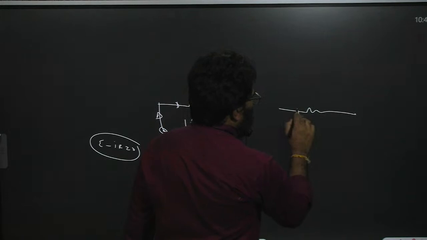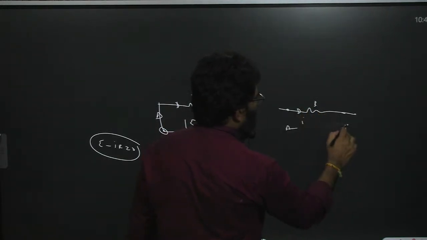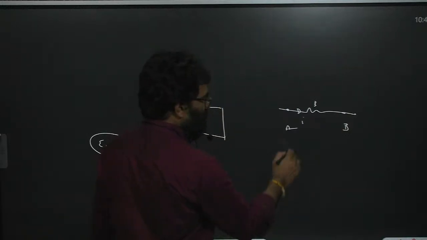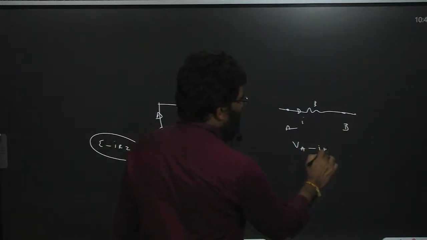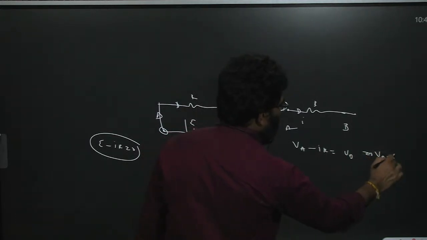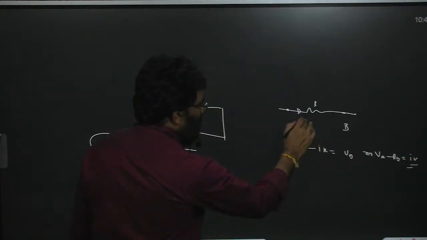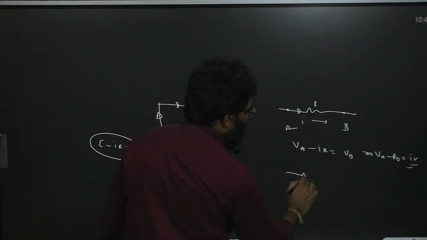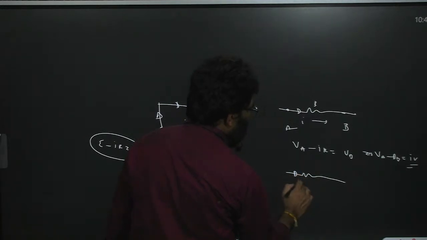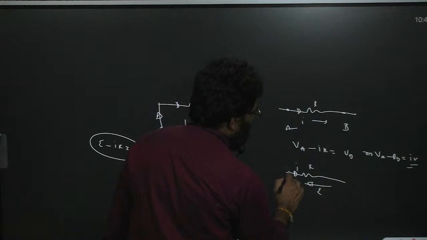So when we move along the current direction, what is VA minus VB? Is it positive or negative? VA minus IR is equal to VB, so VA minus VB is equal to IR, positive. If I am moving against the current direction, how to calculate A and B? Sometimes you may get it like this.